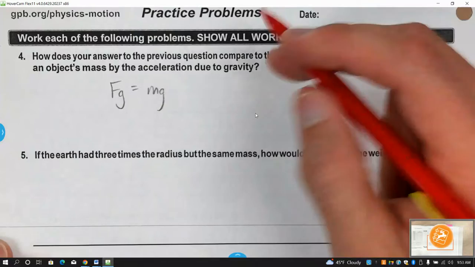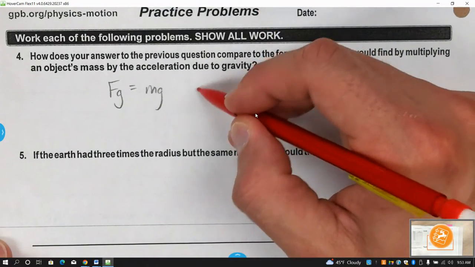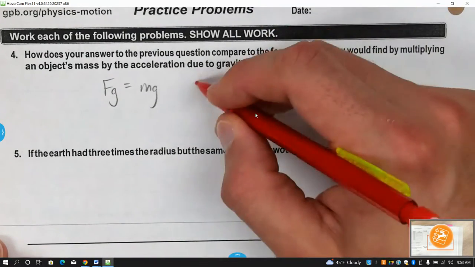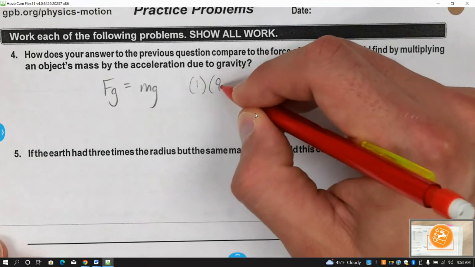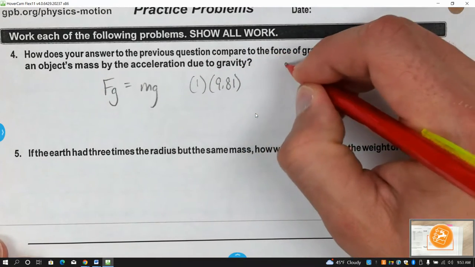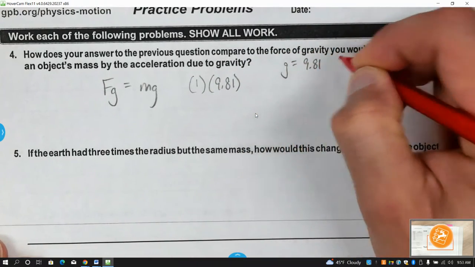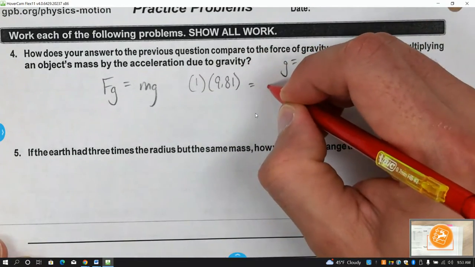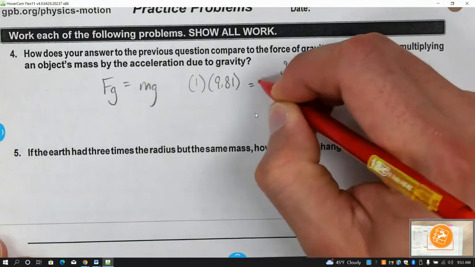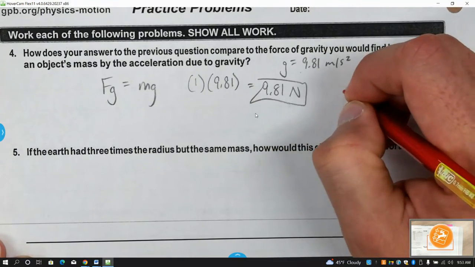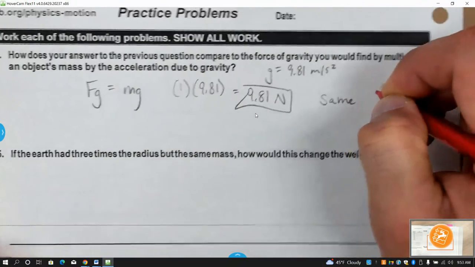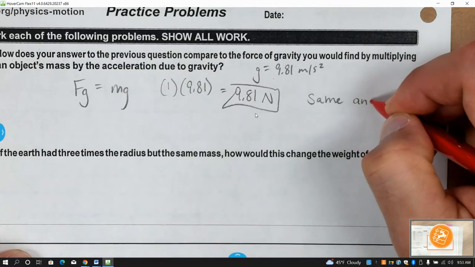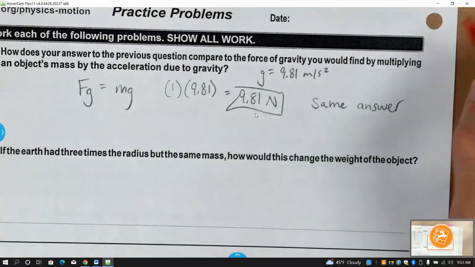If the true value of g is that 9.8 or 9.81, the mass in the first problem, the value of Earth's g, you would wind up with 9.81 newtons. It's the same answer.